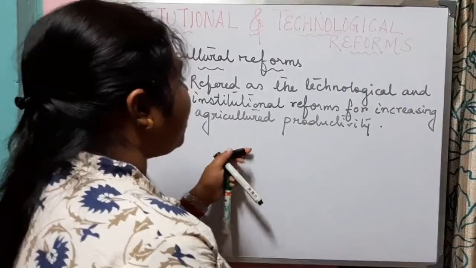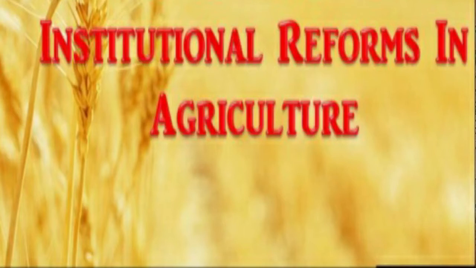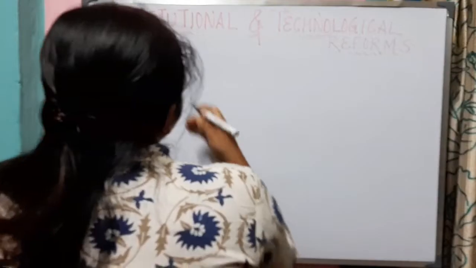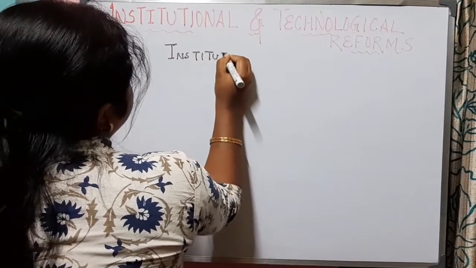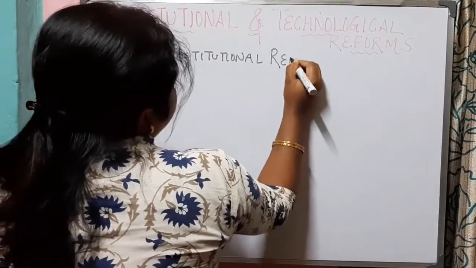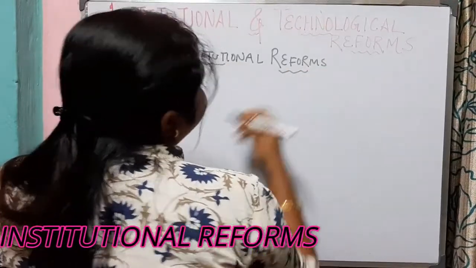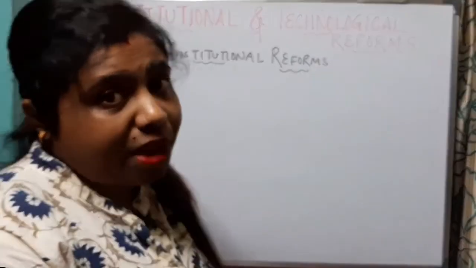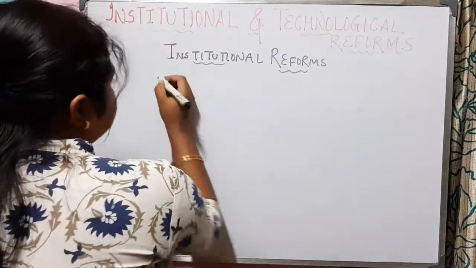So now let us know about the institutional reforms that were introduced by the Indian government to improve the condition of the farmers. After the independence, the main focus of the government of Free India was on land reforms.